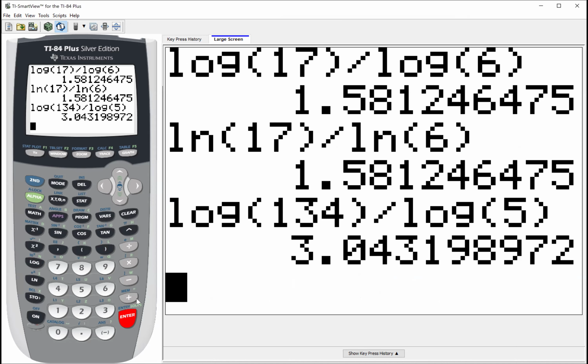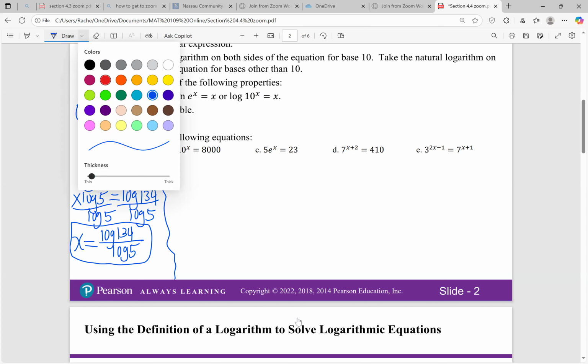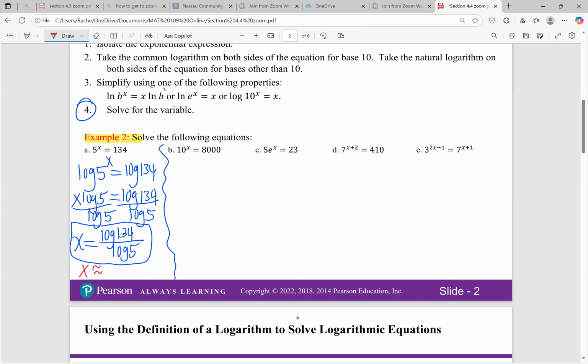We get about 3.04. So if I needed an approximate answer, x is approximately 3.04. Most of the time, we want to leave our answers in exact form.